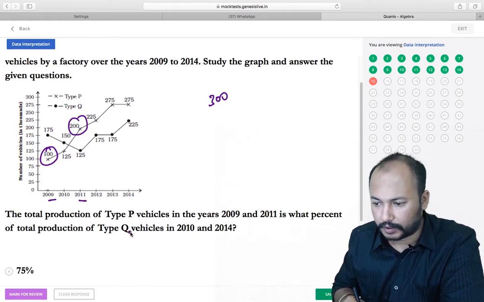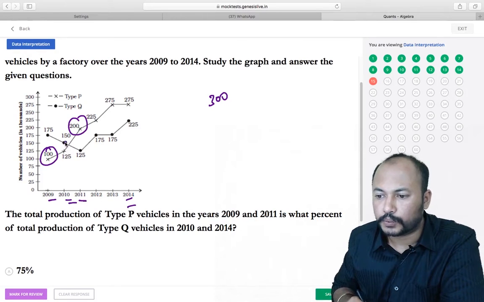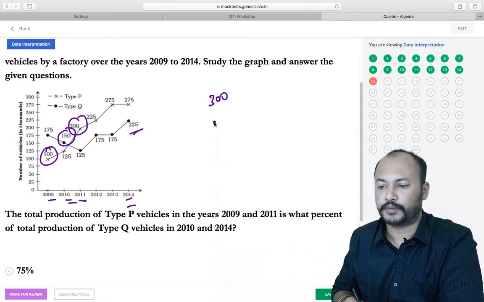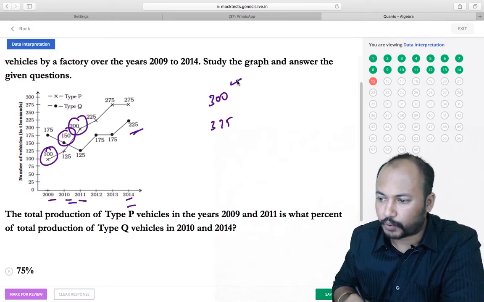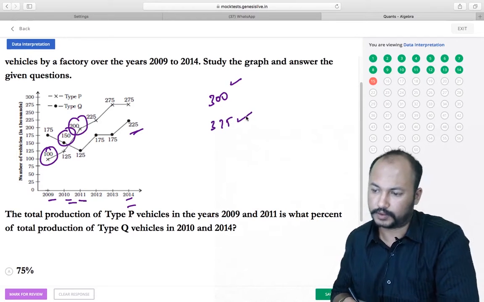And then Q in 10 and 14. Q is this, that is 150, and 14 is 225, so 150 and 225 is going to be 375.